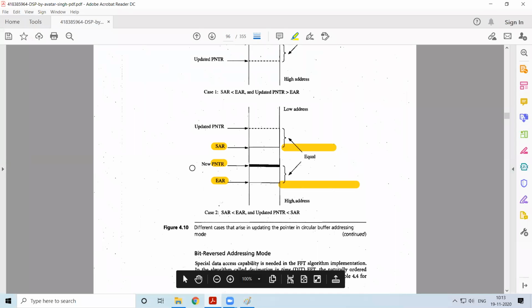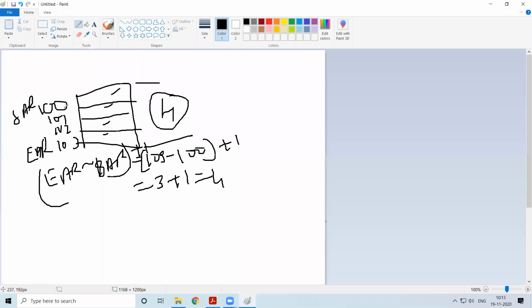With respect to that, we saw that when we update the pointer, there are different conditions possible: either the pointer moves beyond EAR or it moves beyond SAR. And that pointer has to be updated based on whether SAR is greater than EAR or SAR is less than EAR. I mentioned why this condition comes, because sometimes addressing might be like this: 100, 101, 102, 103, or sometimes you might go in the reverse order.